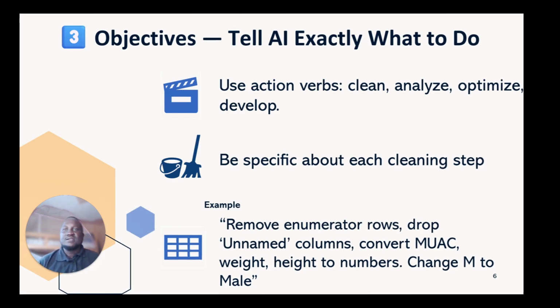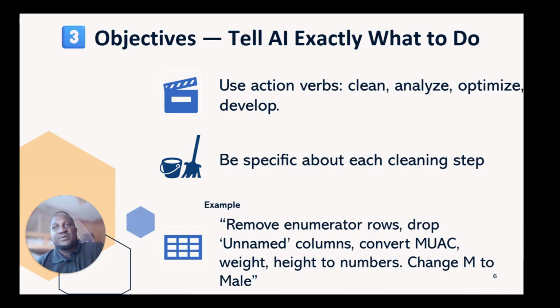Here is where you clearly describe the job that needs to be done. The key thing to take note of is that you usually use strong action verbs when giving AI objectives, verbs like clean, analyze, develop, or optimize.